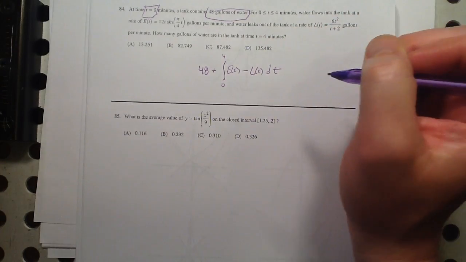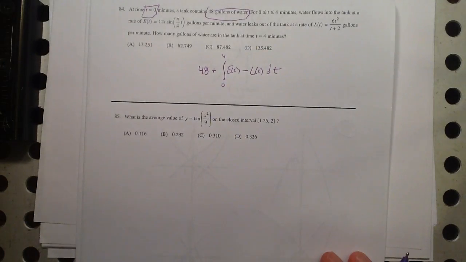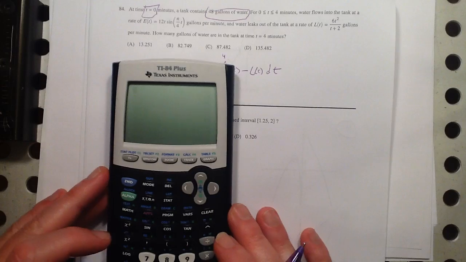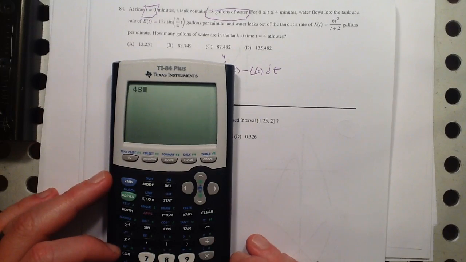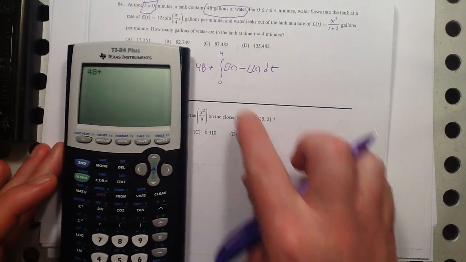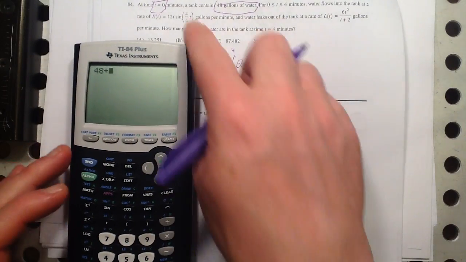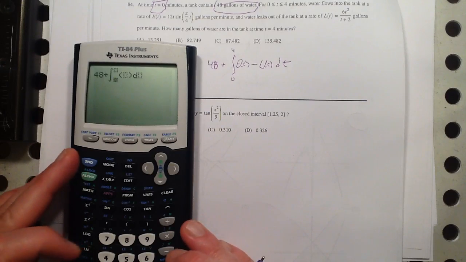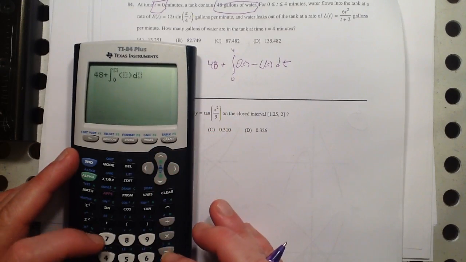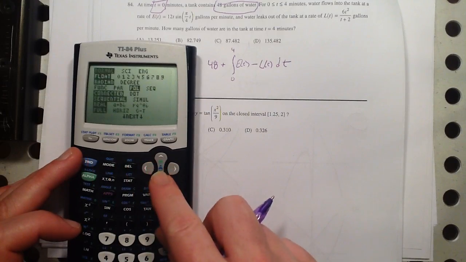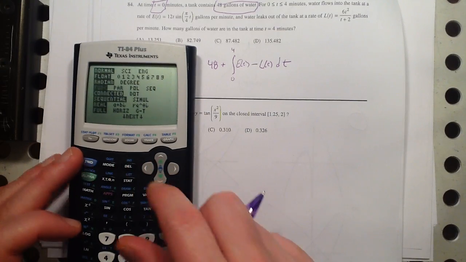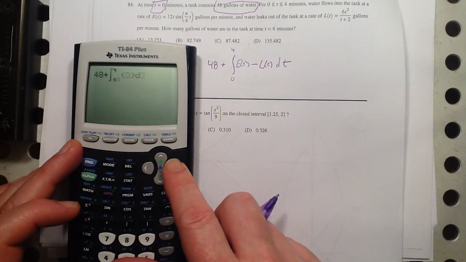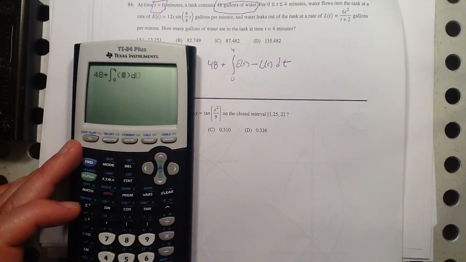Now, we've done problems like this before, so I need to set up that integral in my calculator. Let's get right to it. So let's see, I've got 48 plus the integral of the enter function from 0 to 4. I don't want to see thetas here particularly, so I'll get out of that polar mode from a couple problems ago.